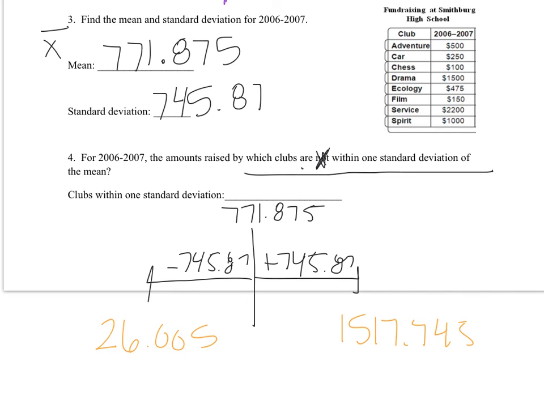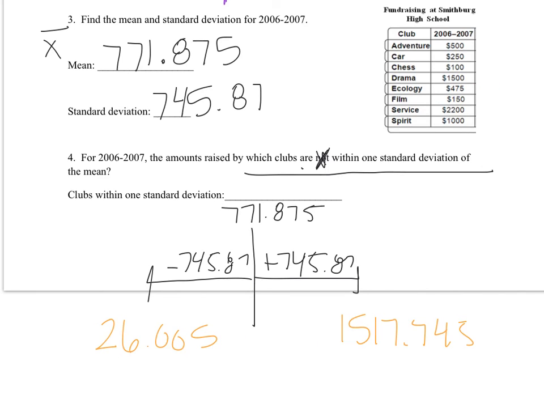So my question is, which clubs' fundraising values are in between these two numbers? I'm not going to write these all down, but my answers would be adventure, because 500 is in between these two numbers. Car, those are in between these two numbers. Chess, that's in between these two numbers, because I'm asking which ones are in 1 standard deviation. Drama, that's in between.